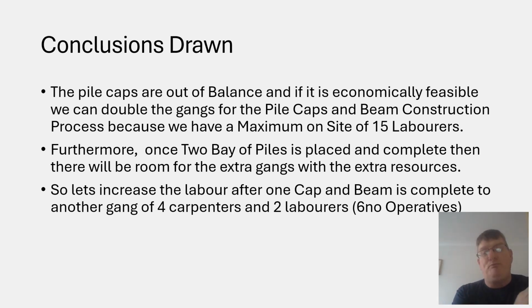Furthermore, once 2 bays have been completed with regards to the piling operation, then it'll give us that room for those extra gangs and the extra resources that they're going to require without them getting in the way of each other. So look, let's increase the labour just for the cap and beam, okay? The pile caps and the in situ concrete beam. All right, so we're going to add another 6 operatives, and this is what it'll look like.